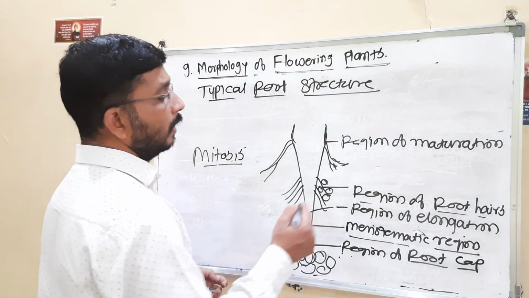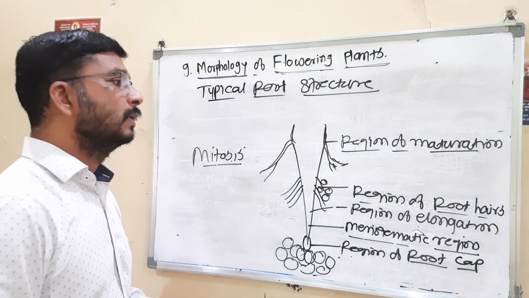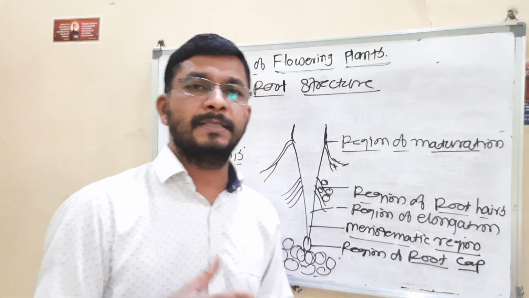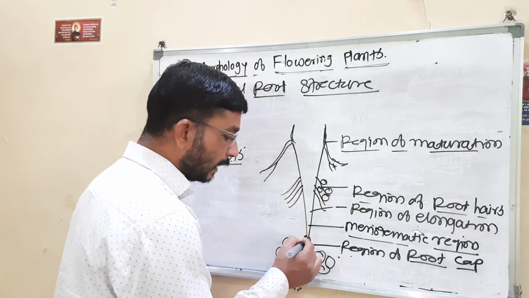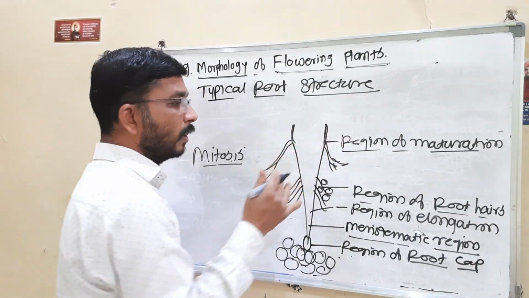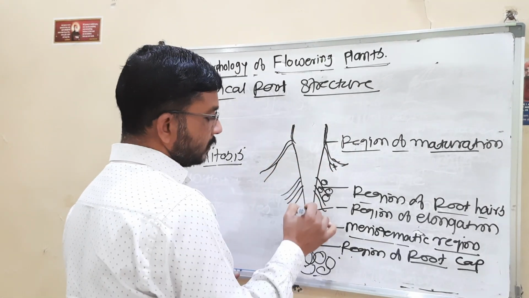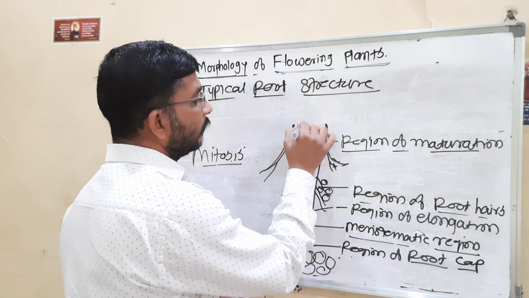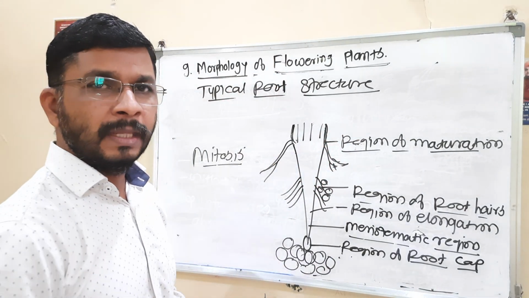Then here we find the region of maturation. This name indicates that a certain kind of maturity is observed there. This region is a somewhat matured region. From there, the absorbed water and minerals are conducted towards the stem.